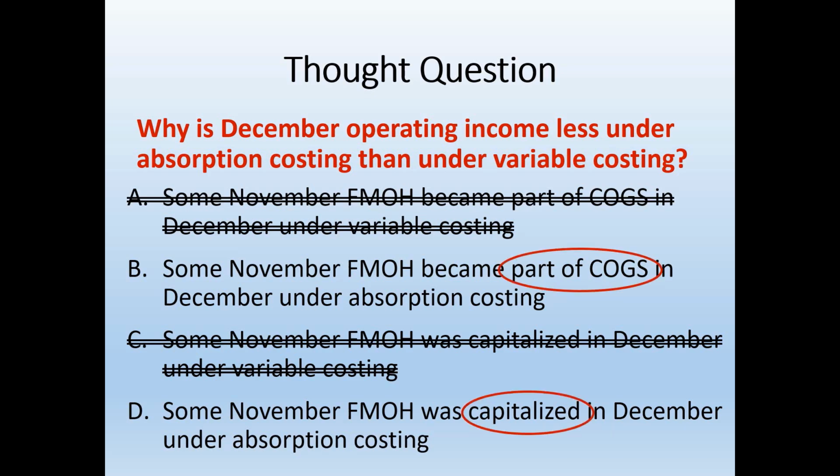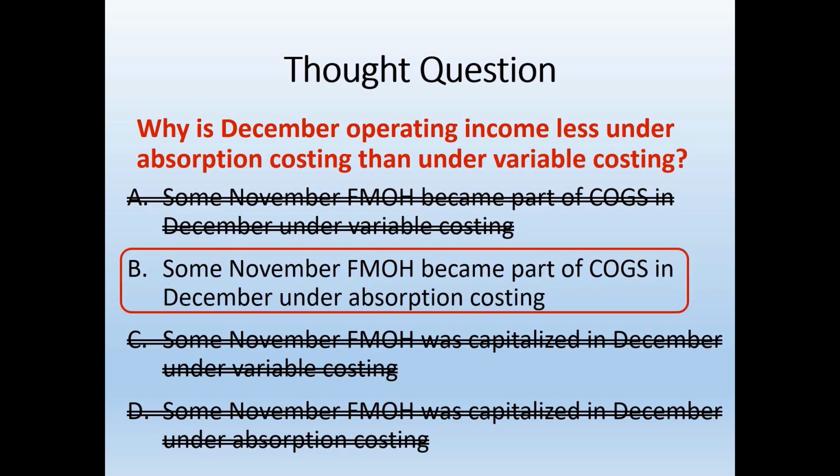Now let's look at answer B and answer D. Answer D is correct. Some of November's fixed manufacturing overhead was capitalized in December under absorption costing, but that's the part that didn't affect income.